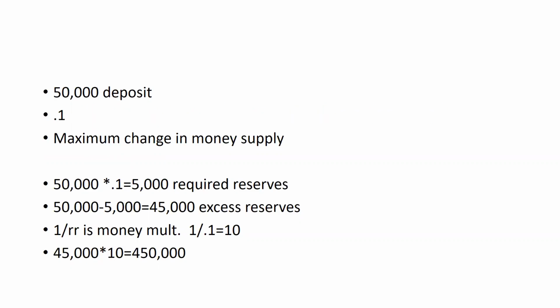I just put a minus sign next to the 450. I could figure it out the same way. So whenever you have a deposit and you're looking at the total maximum change in the money supply, you take the required reserves out and multiply the excess by the multiplier.